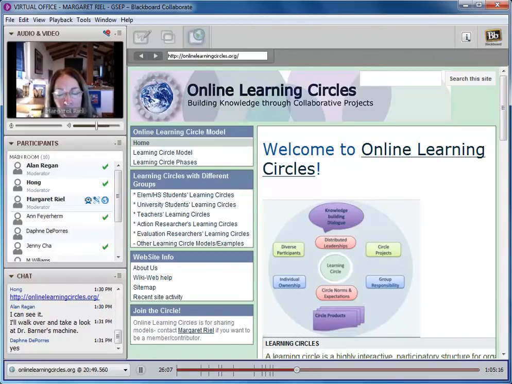And what I've been doing, I forgot you're not actually scrolling with me when I scroll down the page, but I'm assuming that all of you can scroll. So if you go from top to bottom, you will see pretty much the same topics that I just described laid out in the model. And then the second link, the learning circle phases, I also have laid out the kinds of activities that you do at each stage of the learning circle.